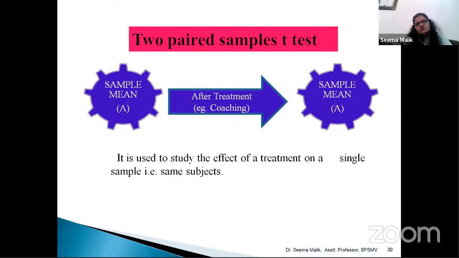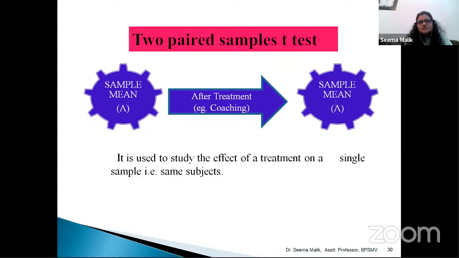And then after that workshop, on the same participants, mind it, in a paired sample t-test, participants would be the same. If participants are not the same, it would be an independent sample t-test.